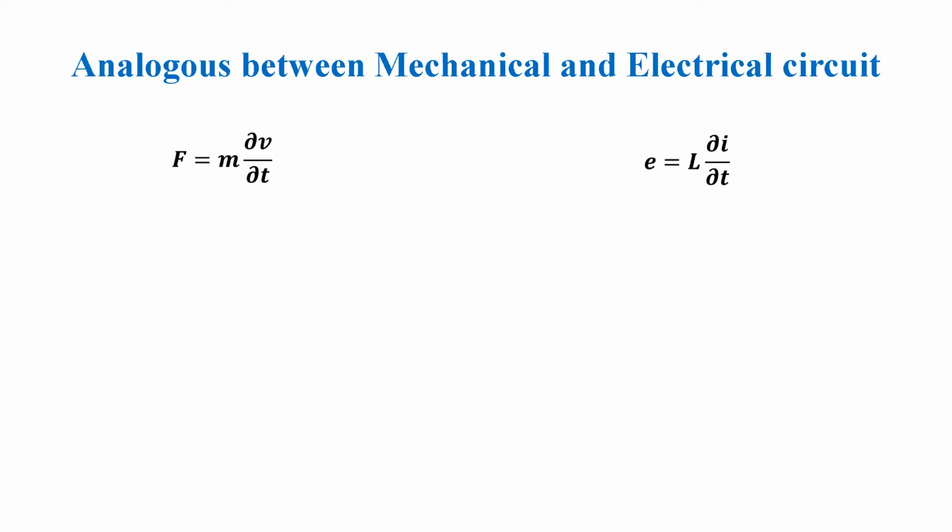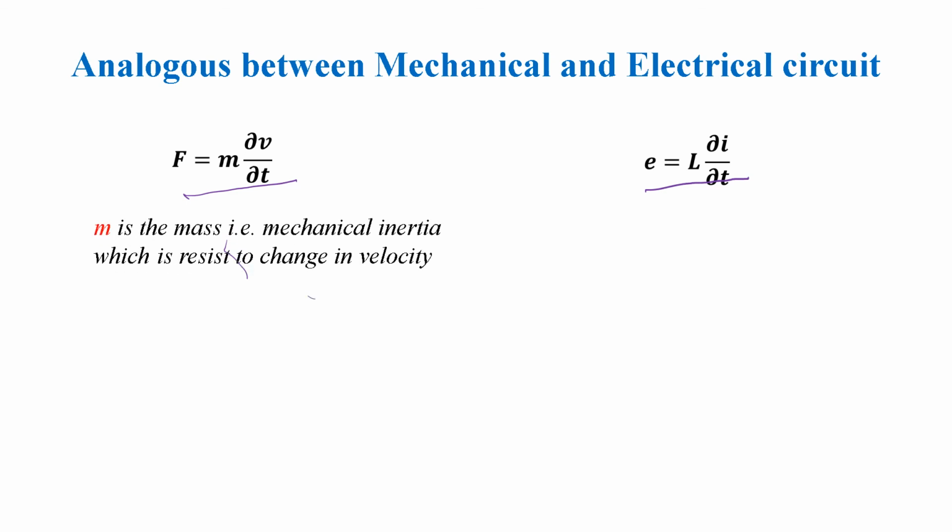Now another thing I want to show you is the basic function of inductance in an electrical circuit compared to the analogy with the mechanical circuit. This is the equation of force, F is equal to m into a, mass into acceleration, Newton's second law, and here the induced EMF in the solenoid is represented as L di by dt. Now we know that m is the mass, which is the mechanical inertia that resists change in velocity.